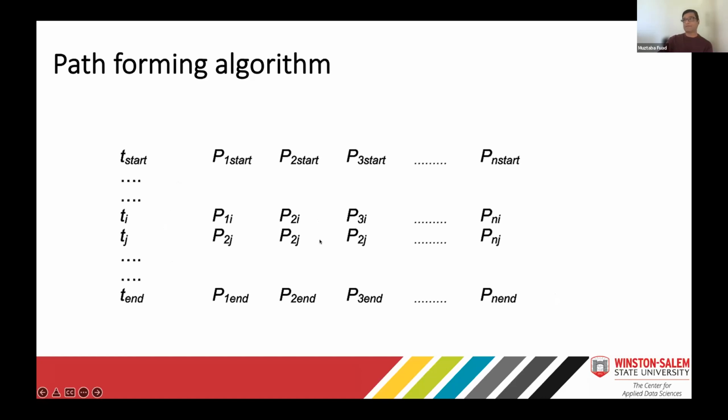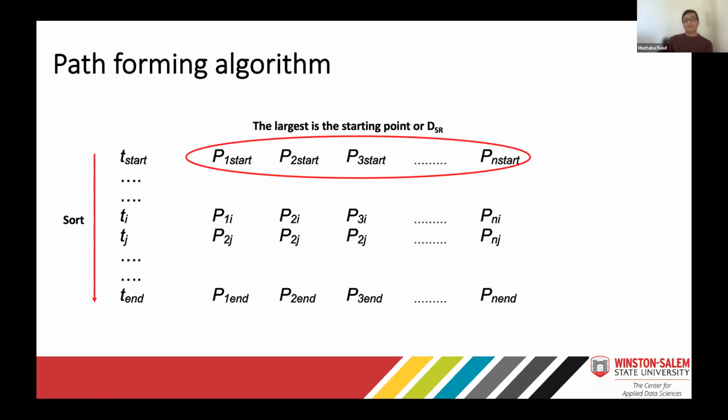So this is what happens once we have the aggregated data. We sense the data and put it in table form. We first sort it by time, because we know the order from start to end, and then we pick the device which has the strongest signal as the starting point of the path.